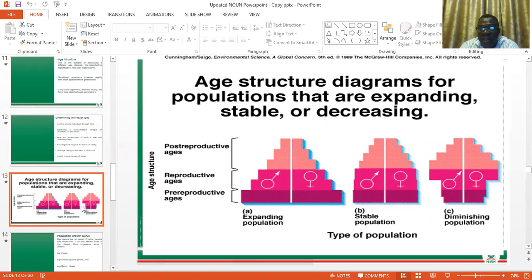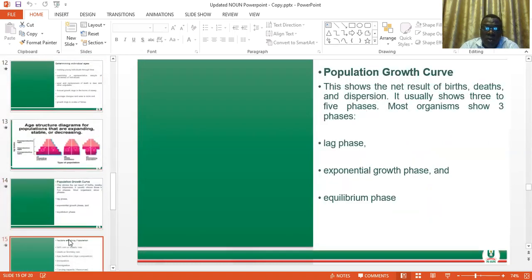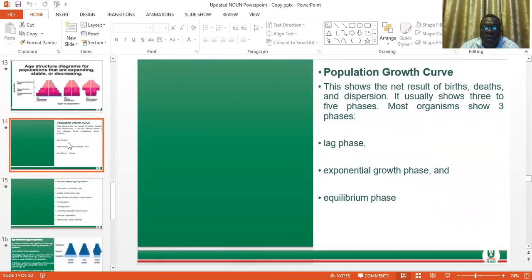But when you have fewer pre-reproductive compared to post-reproductive in the age structure, you're bound to have a diminishing population structure. So population growth curves are used to show the net results of births, deaths, and dispersion that occur.